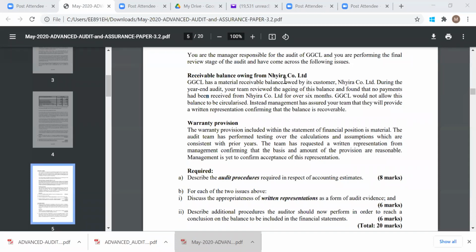Okay, so in discussing the appropriateness of written representations, which is management representation, you need to know that because management has an interest in increasing the receivable balance, or their asset balance overall, written representations might not necessarily be a good form of evidence.